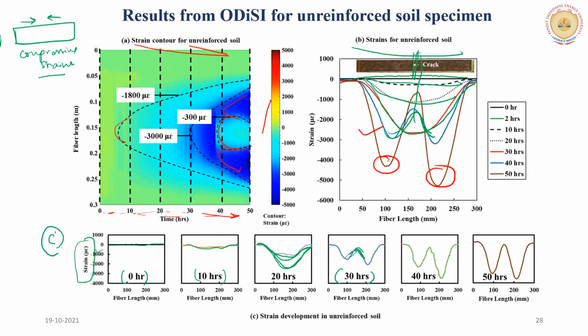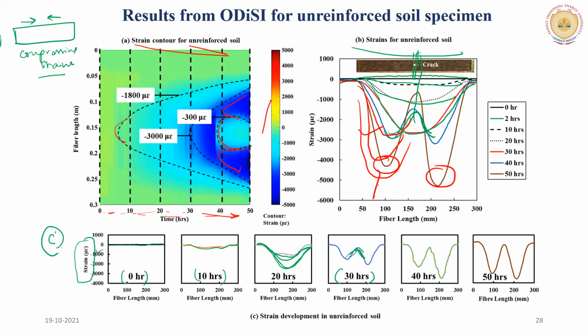This unreinforced specimen acts like a beam. What happens to a beam? If this is your beam, at the center it will crack. And as it cracks, it becomes two separate parts, one this part, the other this part. And again, these separate parts will keep on shrinking, and those strain developments are seen here.